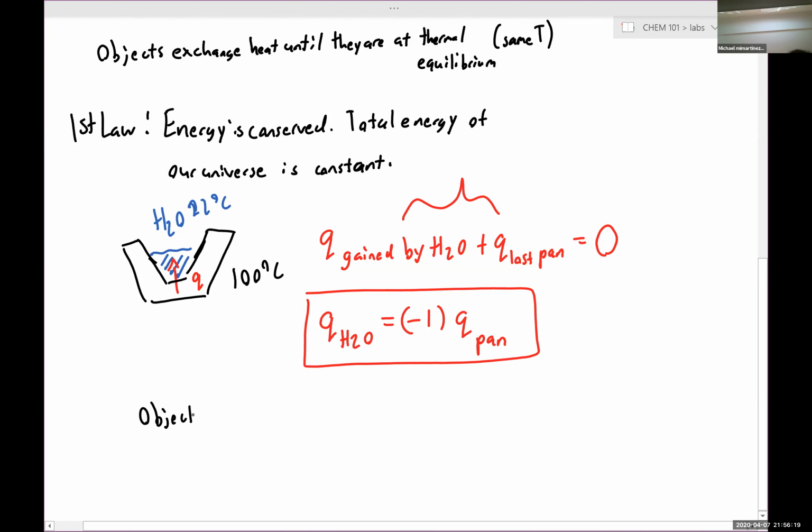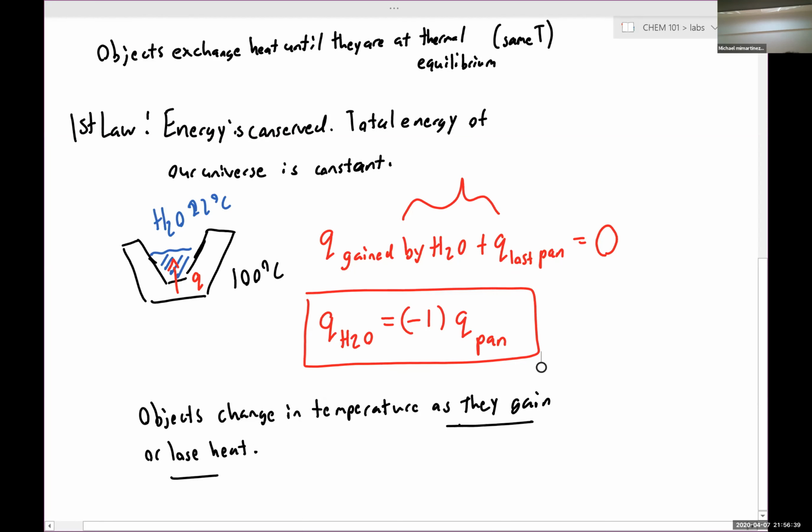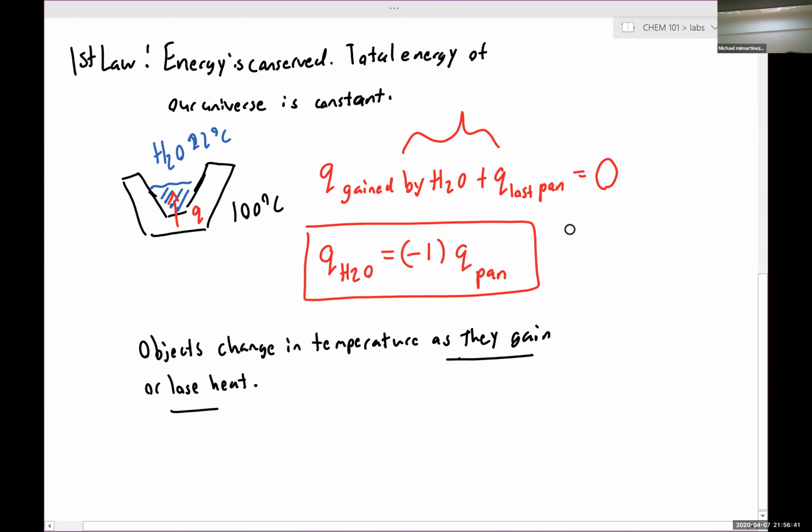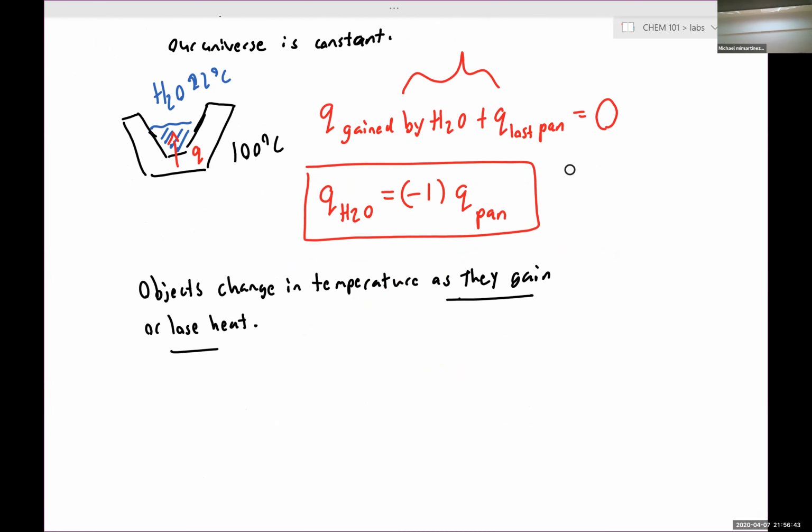Objects change in temperature as they gain or lose heat. Okay. So then, we know, so let's think about this intuitively now.